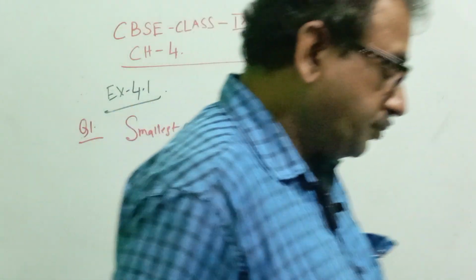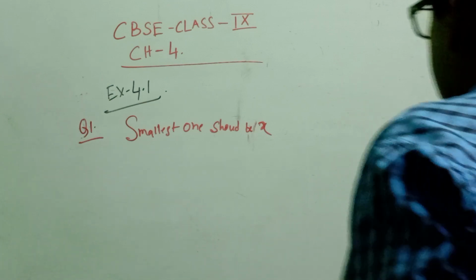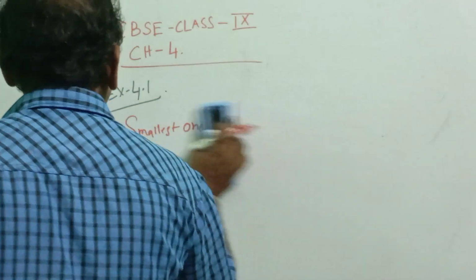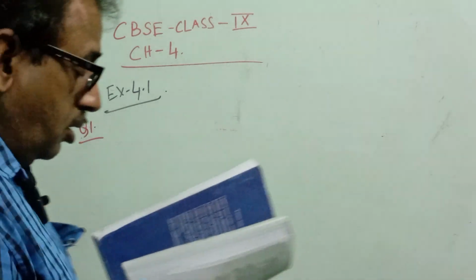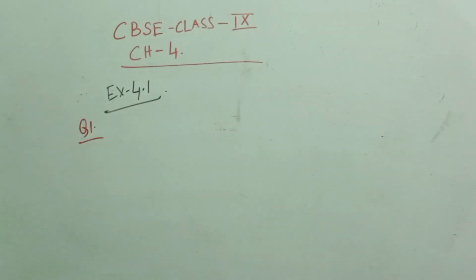Clear? So if we go through the question, we understand that the smallest one is the cost of a pen.